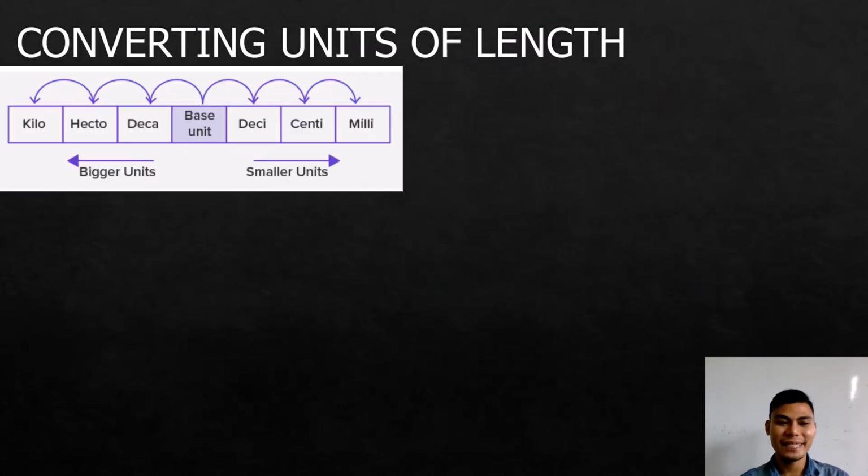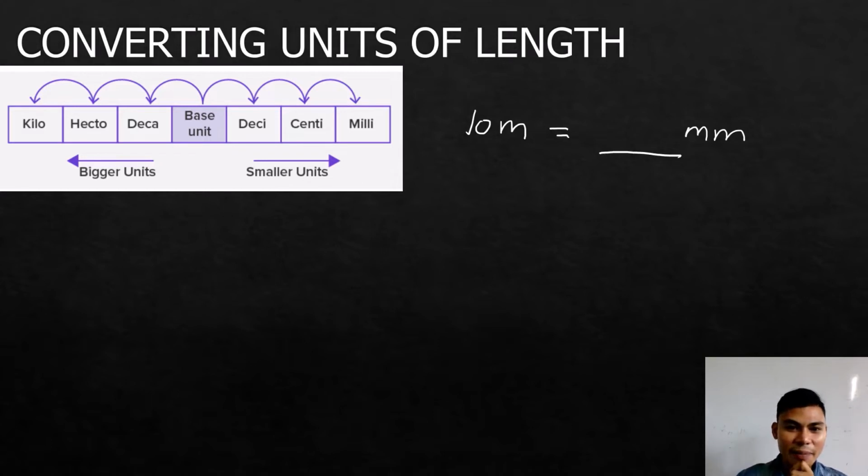How, sir? This is how to do it. Example, convert 10 meters to millimeters. So 10 meters, you are at the base unit. Then millimeter. How many times will you go down from the base unit? 1, 2, 3.